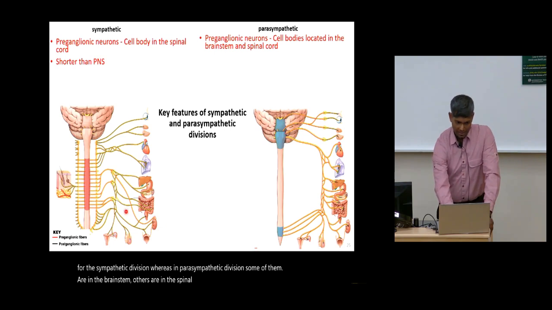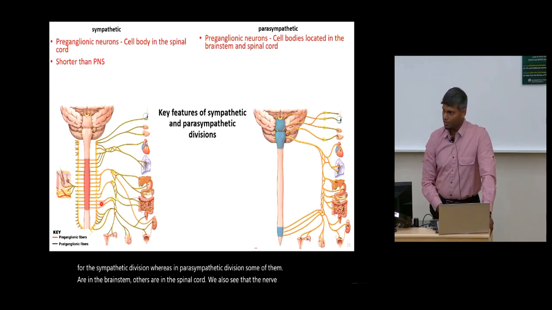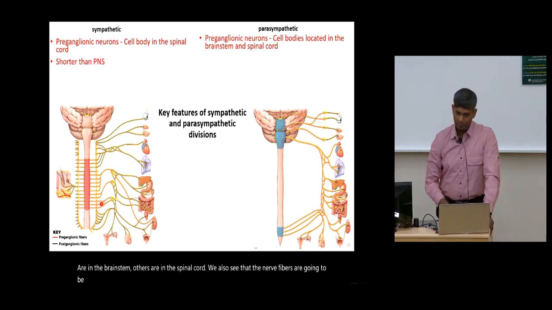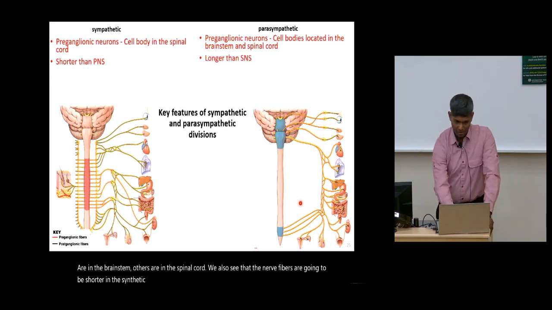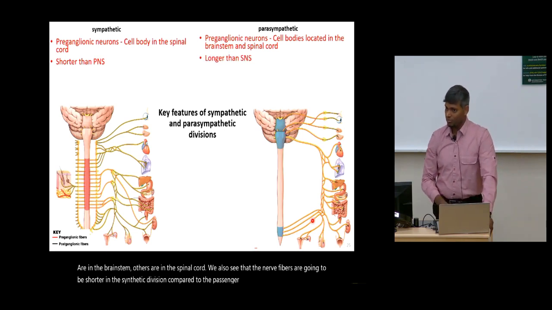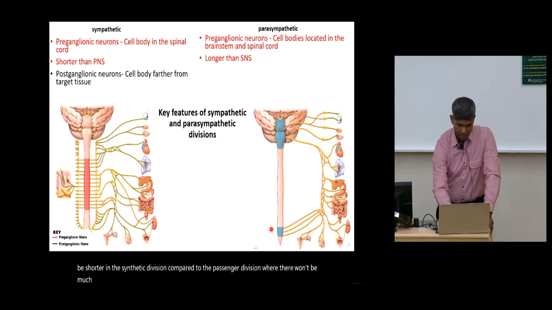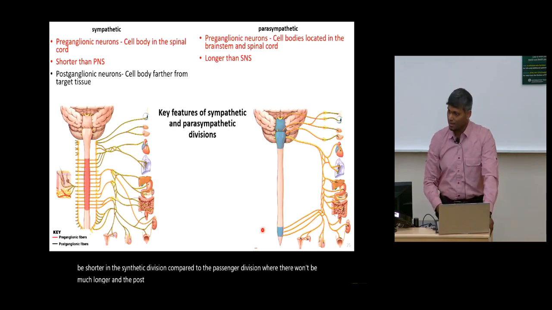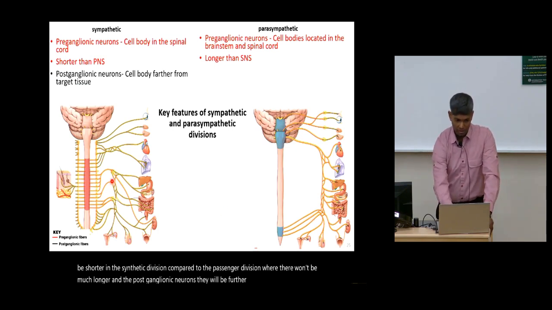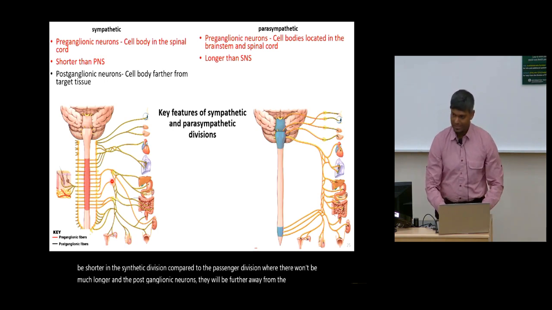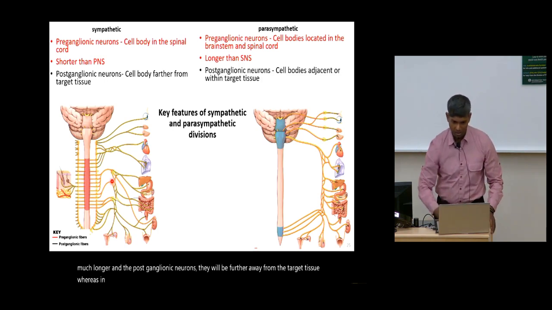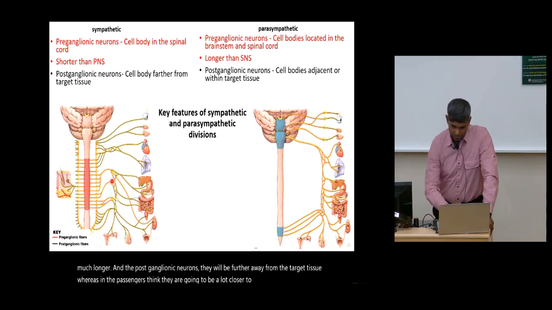We also see that the nerve fibers are going to be shorter in the sympathetic division compared to the parasympathetic division, where they're going to be much longer. And the postganglionic neurons will be further away from the target tissue, whereas in the parasympathetic they're going to be a lot closer to the target tissue.